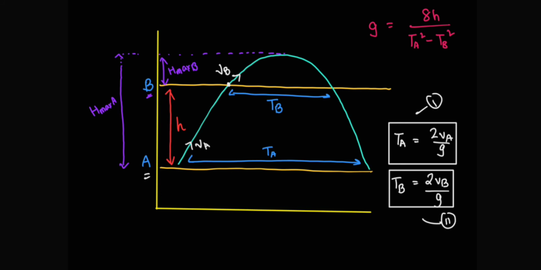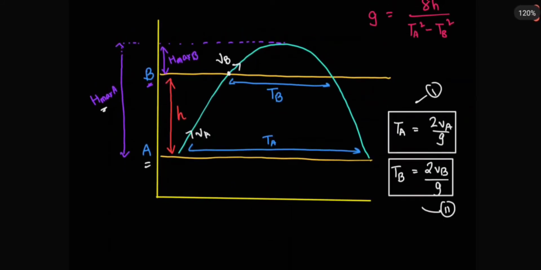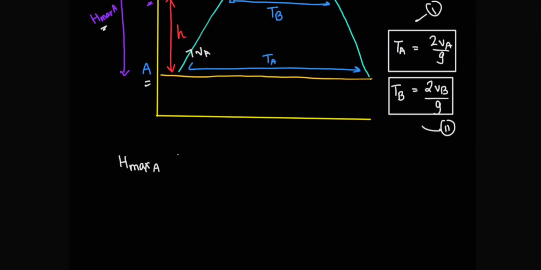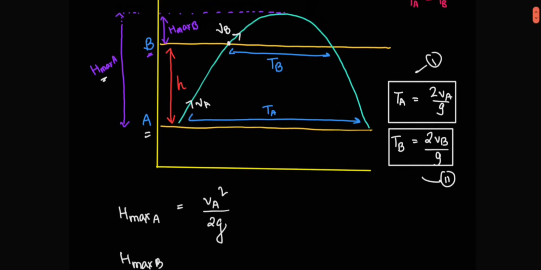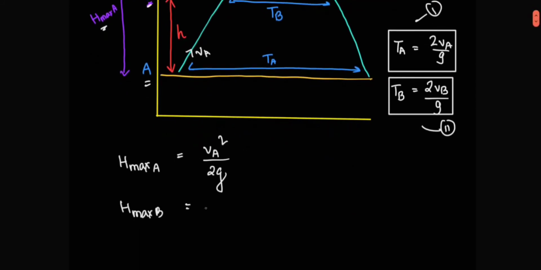So we can say that h max A in terms of the variables we have can be written as VA squared over twice g, right? And h max B with reference to this point can be written as VB squared over twice g, right? Let's label these as equations 3 and 4.